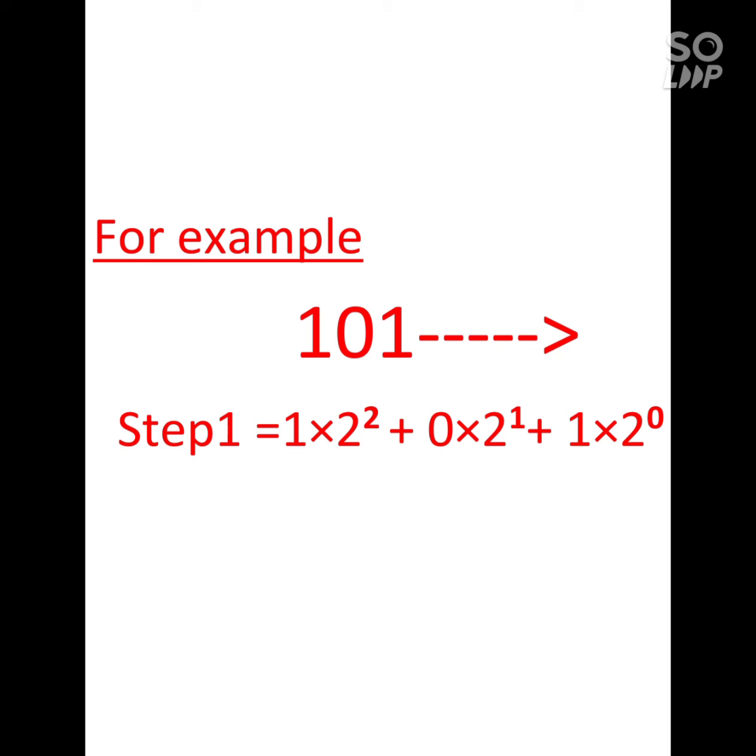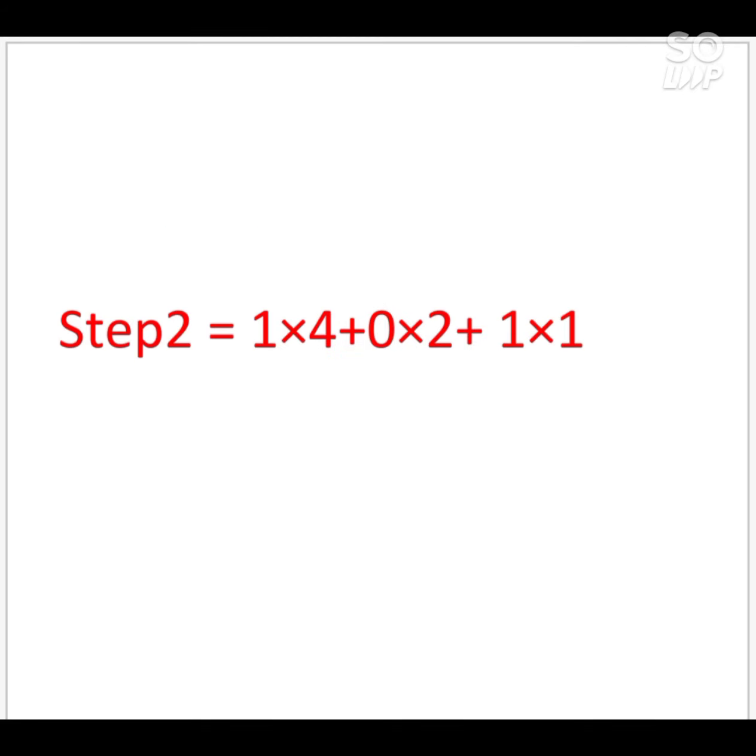Now to each of these 2s you give a power: the first 2 will have power 0, the second 2 will have power 1, and the third 2 will have power 2. So you multiply each digit with 2, and 2 will have certain powers which depend upon the position of those digits. Then you convert those powers: 1 will be multiplied by 4, 0 will be multiplied by 2, and 1 will be multiplied by 1.